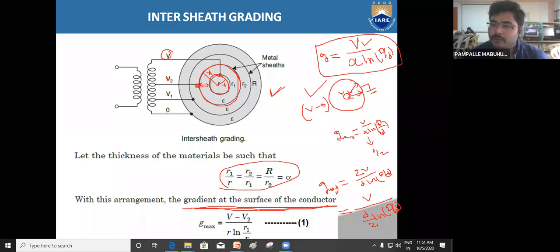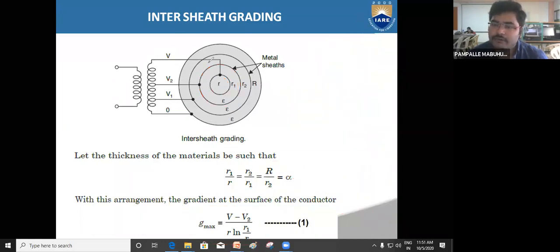Now in a similar manner, if you consider the second layer, when you are considering the second metallic sheath, then you have to consider this to be your conductor. Now what is the potential difference between these two? So here this will be at V1 and this will be at V2.